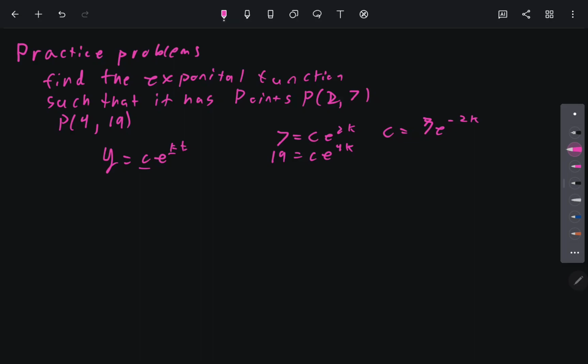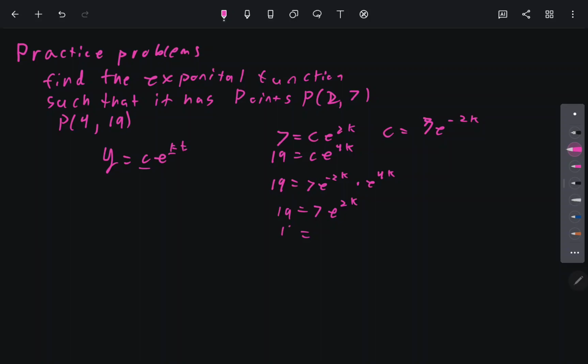Now we're going to plug this in down here, and we get 19 is equal to 7e to the negative 2k times e to the 4k. And now what we can do is add the exponents, because they're both exponential. So we'd get 7e to the 2k is equal to 19.